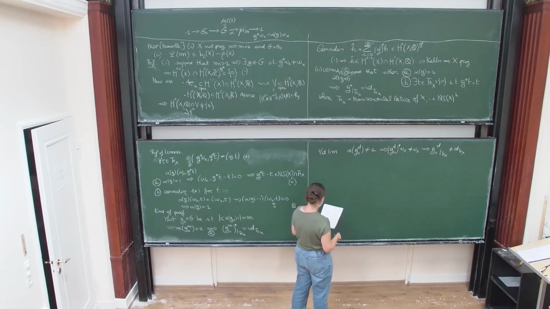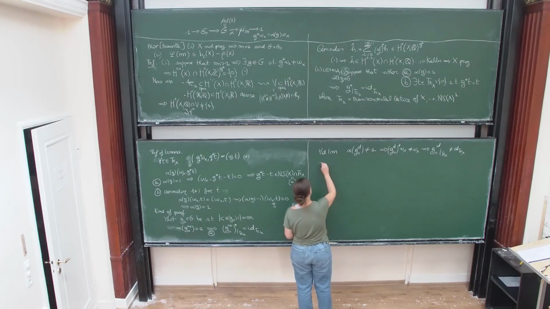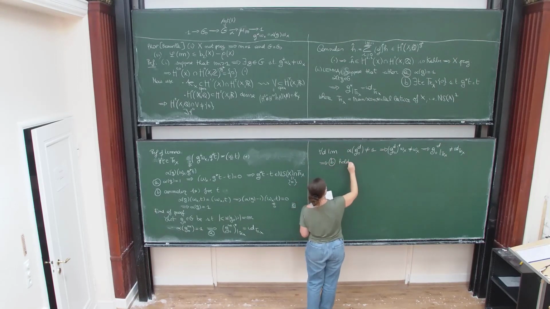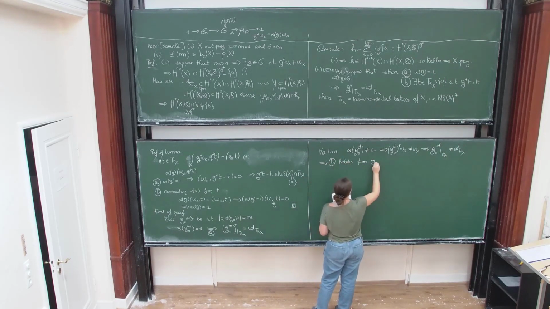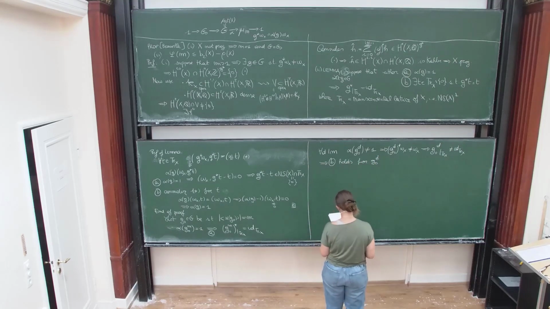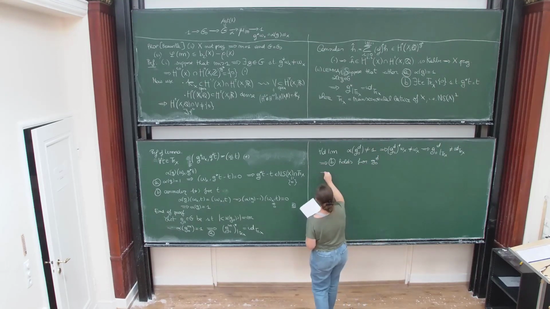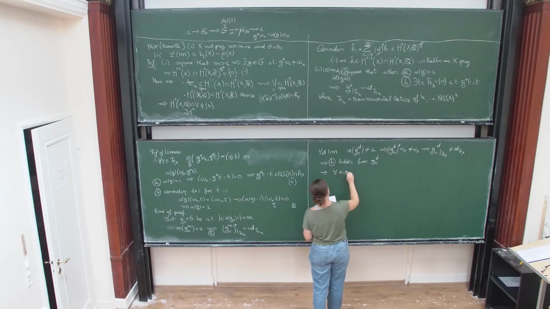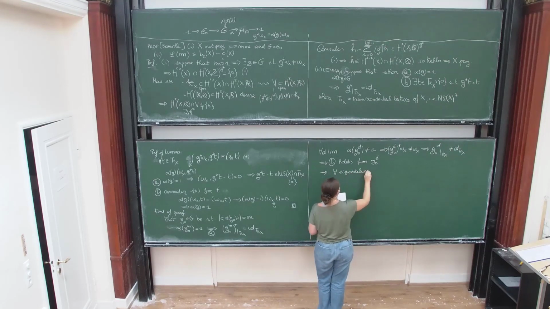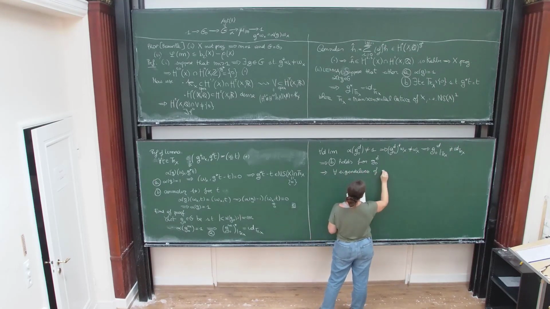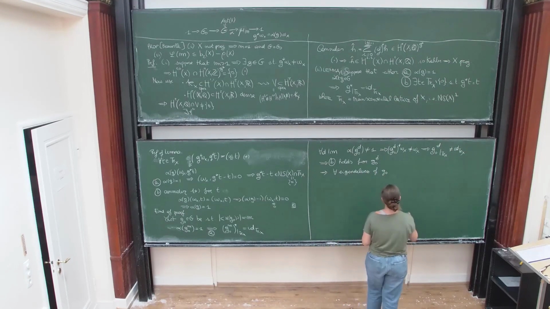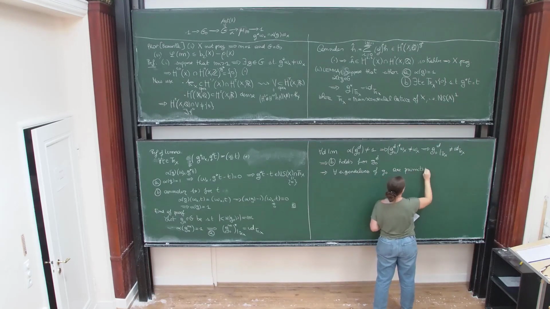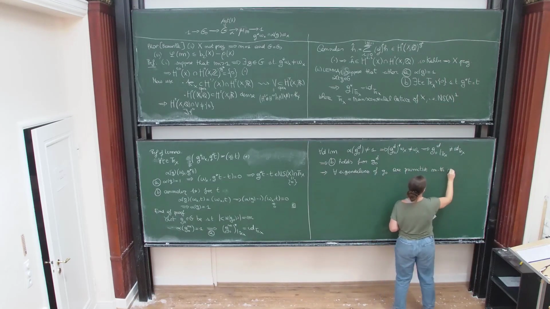And that tells us that there exists, so B holds for G0 to the power D. This implies that all eigenvalues of G0 are primitive roots of unity.